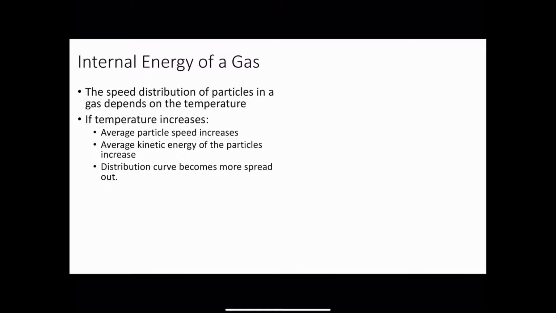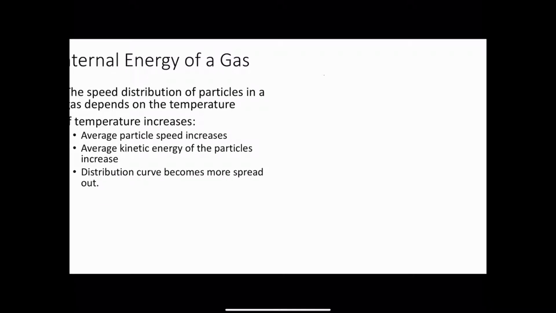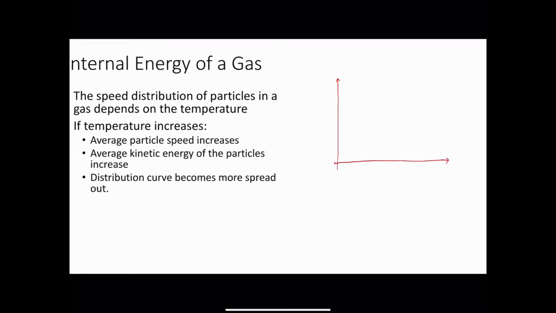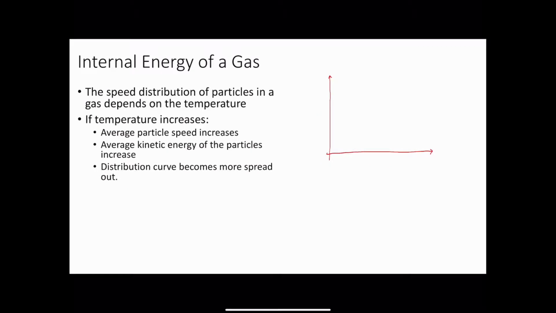And if we were to look at this on a distribution curve, we would see that we have a spread of particles. Okay, so if we have a look at speed versus the proportion of particles with a given speed at, let's say, 200 Kelvin, we'd expect a distribution curve of something like this.